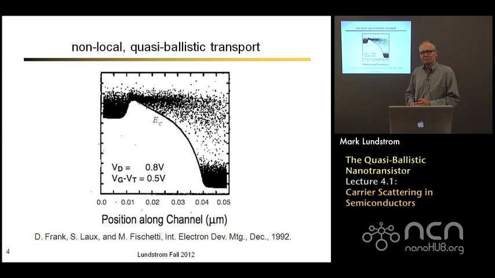I've shown you these simulation results from the IBM Damocles program several times. This is a snapshot of each electron inside a 40 nanometer channel length MOSFET simulated by a computer. You can see these electrons streaming across from source to drain, gaining a lot of kinetic energy. But they've lost some of it. There's some spread in the energy. This we would call quasi-ballistic transport.